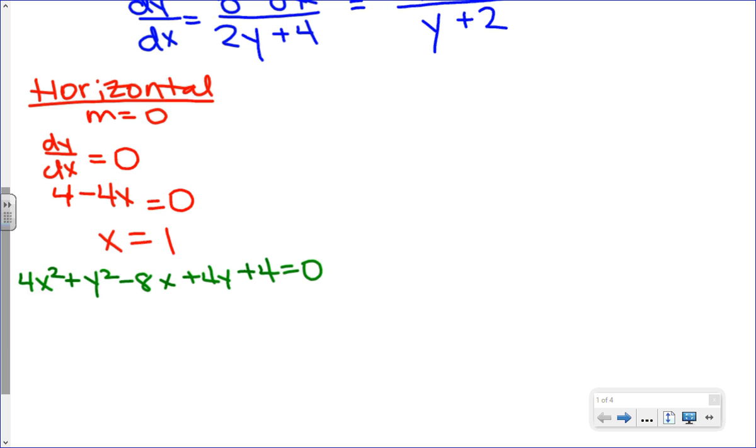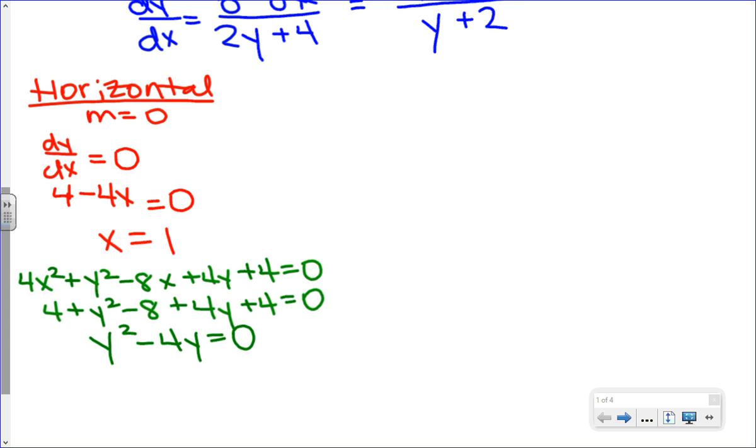If we plug 1 in for x, we get 4 plus y squared minus 8 plus 4y plus 4 is 0. Interesting. So you can see that the 4 minus 8 plus 4 cancel, and we are left with y squared minus 4y equals 0, or y times (y minus 4) equals 0.